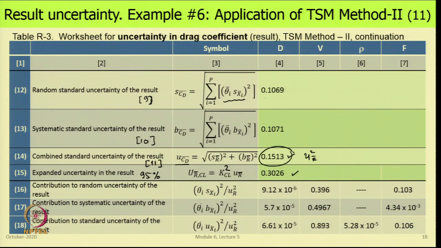So this is row 9 divided by the square of this, and these are the numbers listed over there when you do that calculation. This is row 10 divided by the square of this, and this is row 11 divided by this squared, which gives these values.